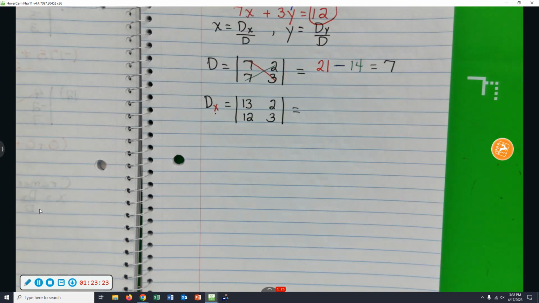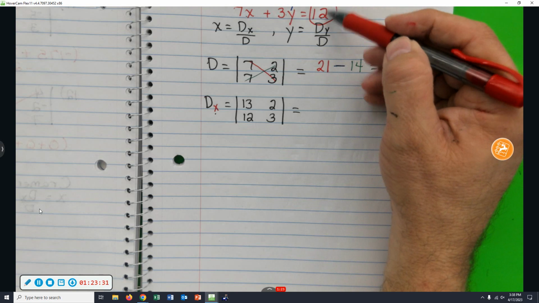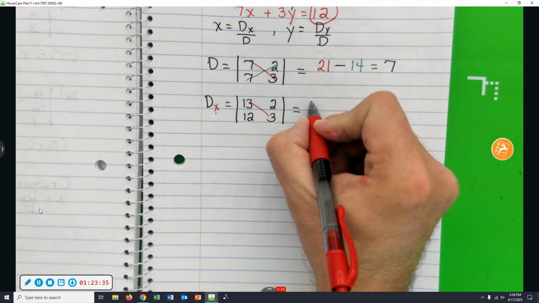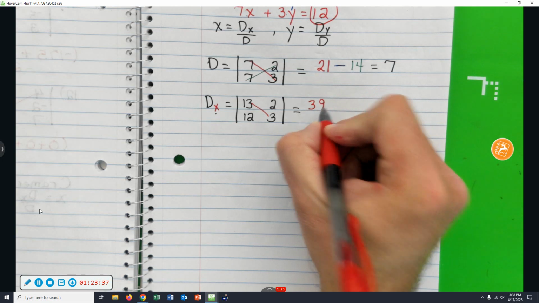And then do that crisscross again. Whatever the subscript is, that's the column that you're replacing with these numbers over here.